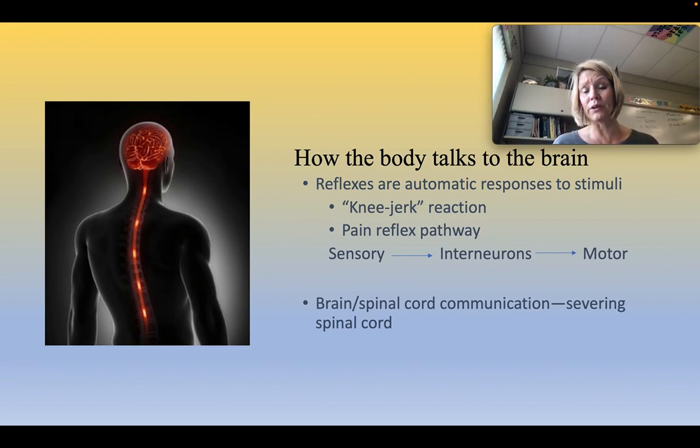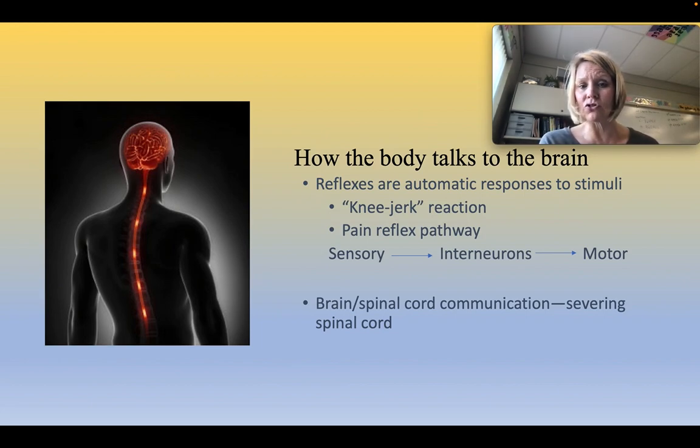And so what's really interesting is when we've seen severe injuries, like in war, where people have become amputees, there's something called phantom pain. Our spinal cord, the pain reflex, tells us that we shouldn't feel pain in our leg because we don't have a leg, right? It's not there anymore.